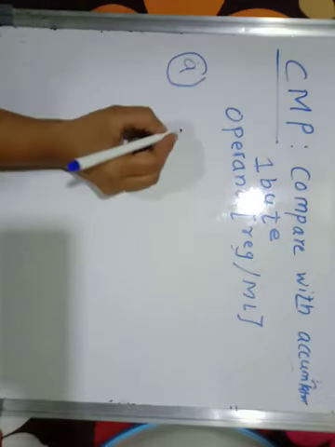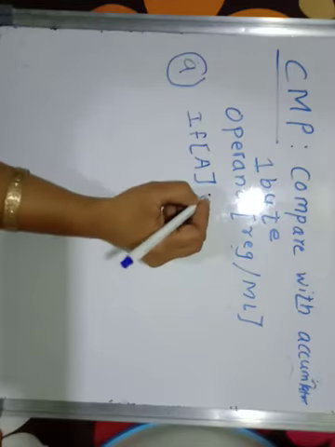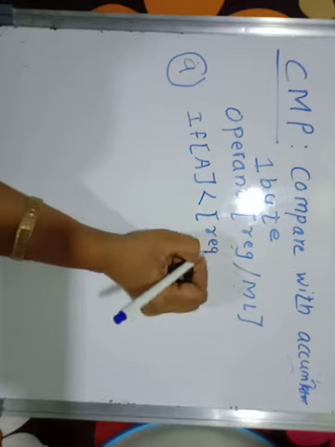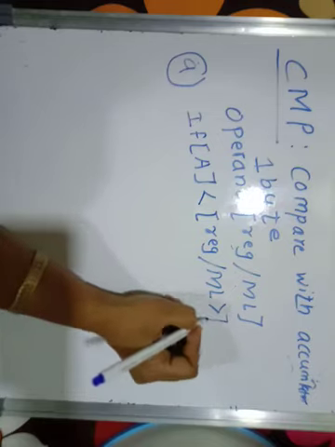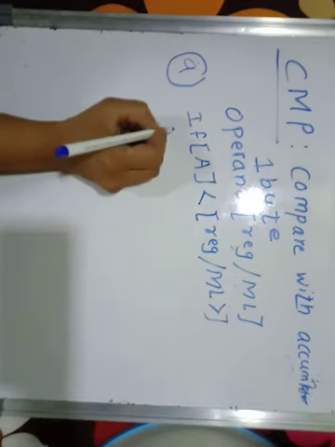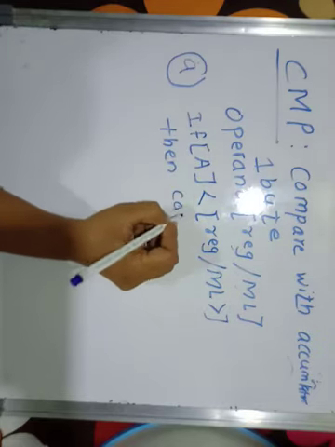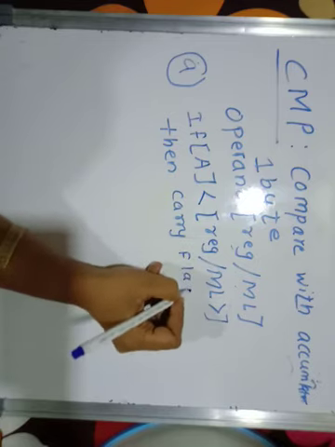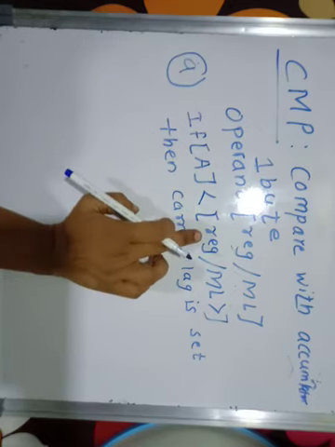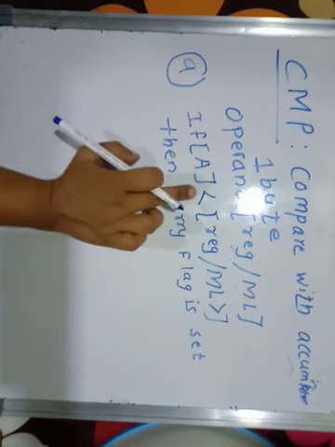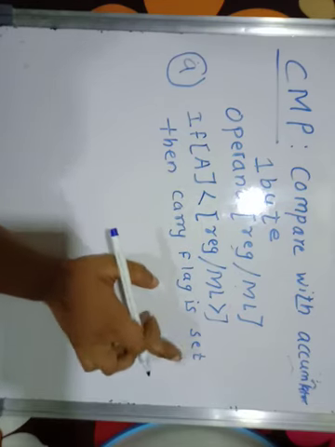So the first one: if your accumulator contents are less than the contents of register or memory location, then your carry flag is set. If the accumulator contents are less than the contents of register or memory location, which flag is going to be set? Then the carry flag is set.